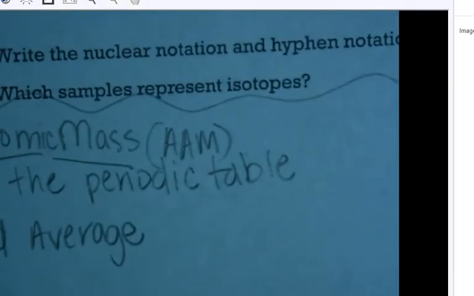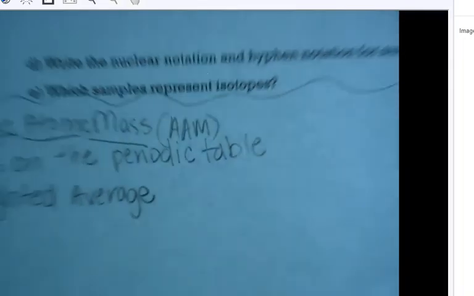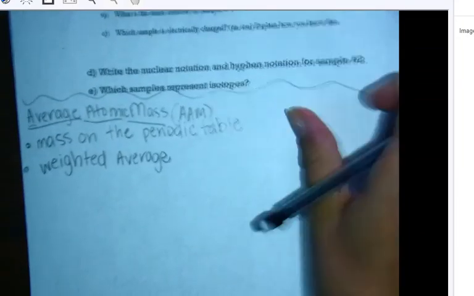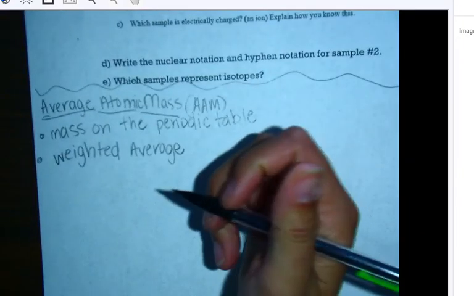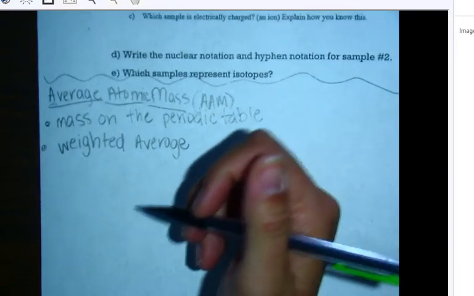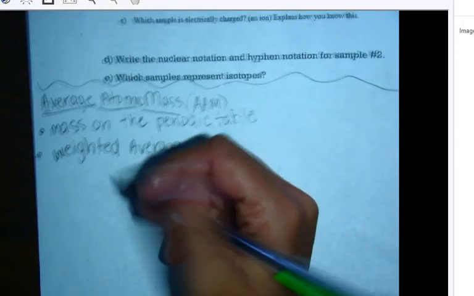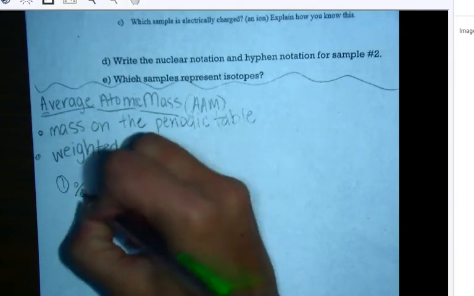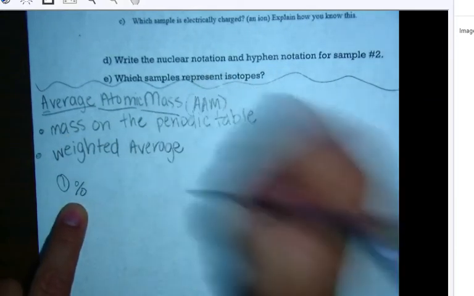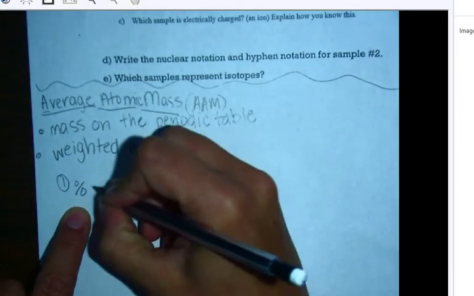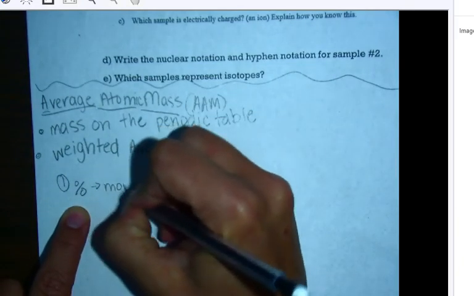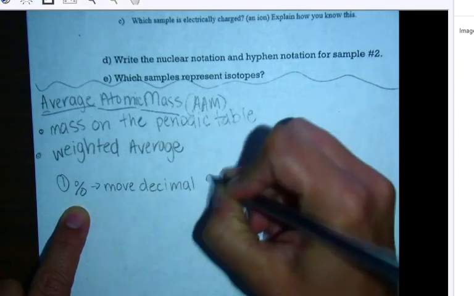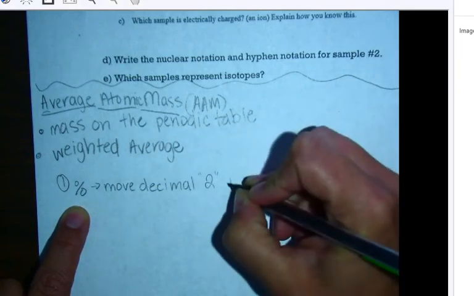So, back to this. How do we get that number? Because that'll be your ultimate goal at the end of it. You're going to write these steps down, and then I will start showing you an example. I don't recommend you write down the example. Just write down these steps right now, okay? Step 1, you're going to take your percent abundance. We're just going to write the percent. We're going to move the decimal 2 spots to the left.